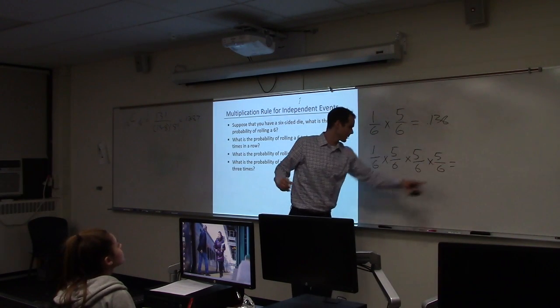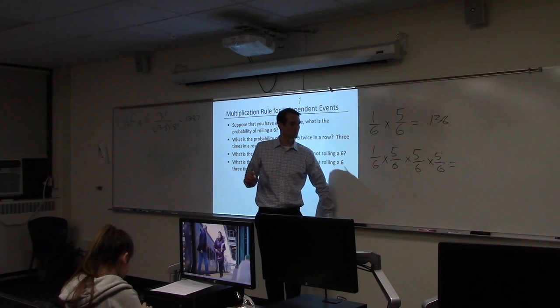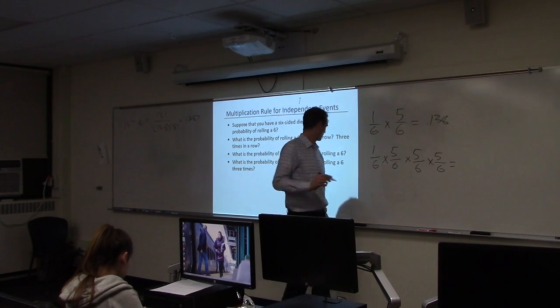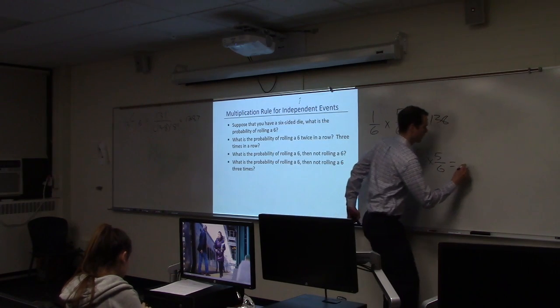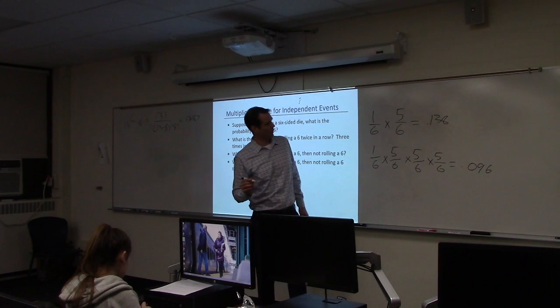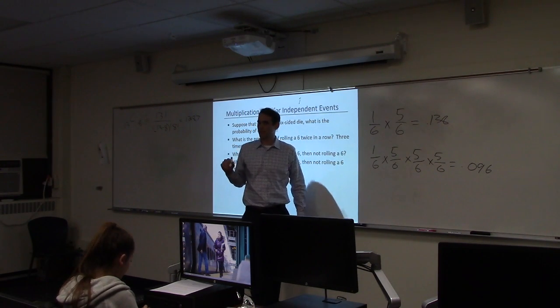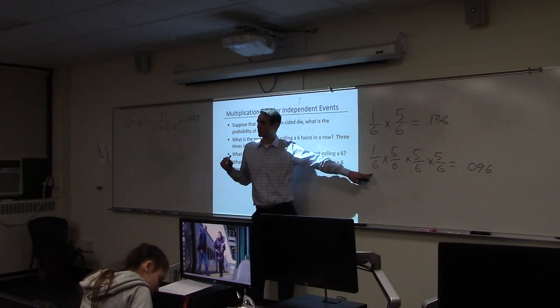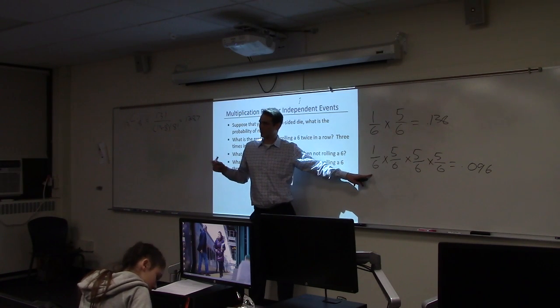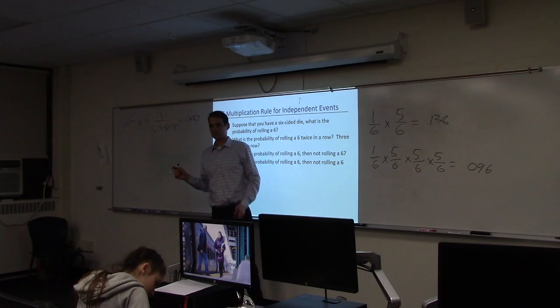And can somebody give me the decimal here? 0.096. So about a 9.6% chance of this happening. You're going to roll a 6 the first time, and you're not going to roll a 6 the next 3 times.